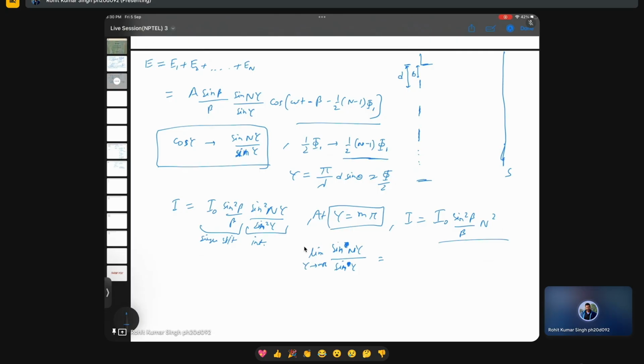Differentiating the numerator, you get n cos n gamma, and in the denominator you get cos gamma. Now if you put gamma equal to m pi, this will be 1 and the denominator will also be 1, so you get n. Hence I has this n square term. So sine square n gamma by sine square gamma tends to n square.